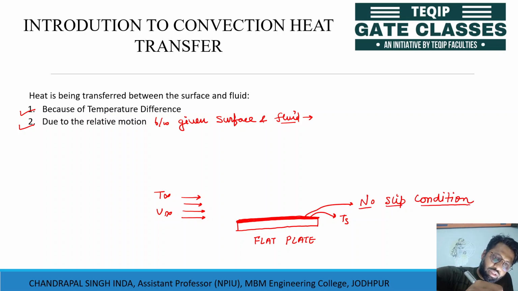As the fluid is viscous, a viscous fluid exhibits the no slip condition. It means this fluid layer is stationary, so it is treated as conduction. So this condition is known as surface conduction.